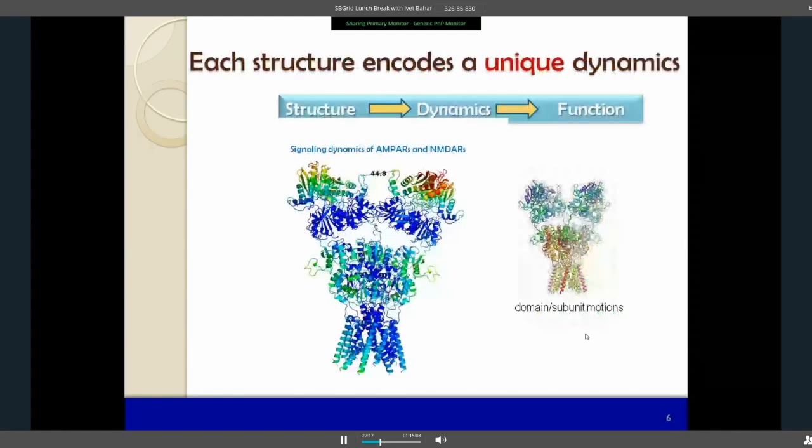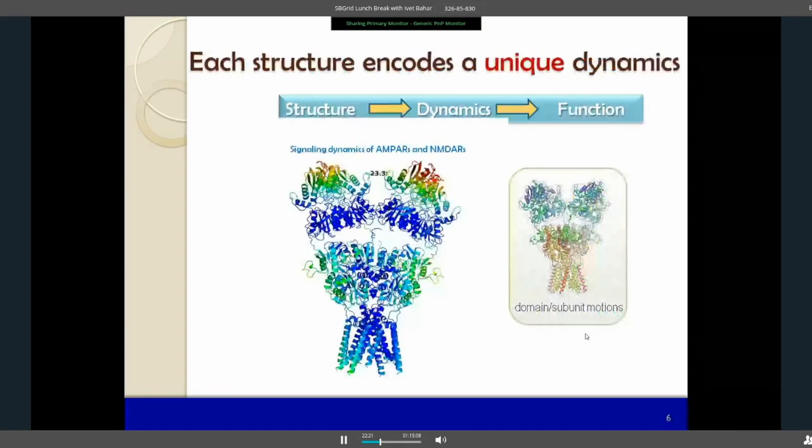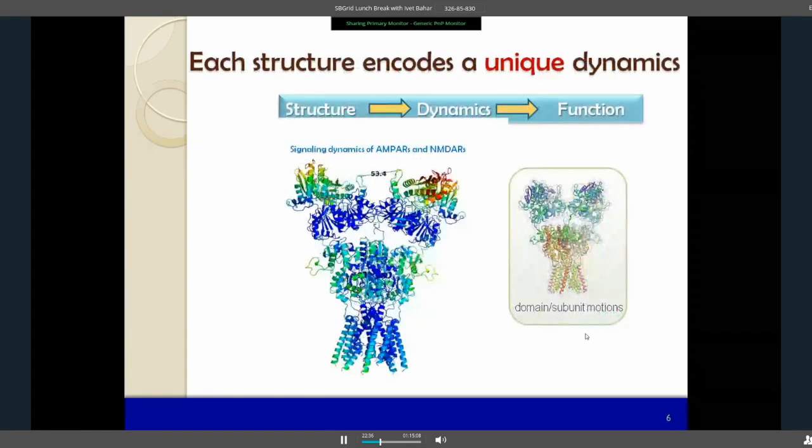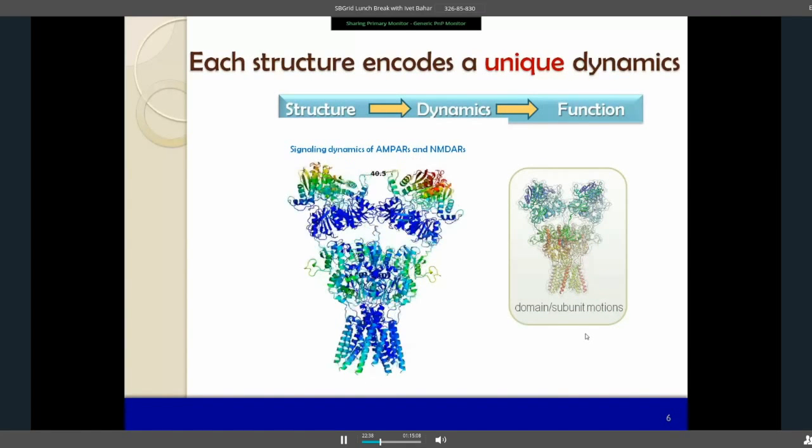And this is the last example, an AMPA receptor. This is a tetrameric membrane protein. And it is possible, again, to predict the collective motions and make some testable predictions.